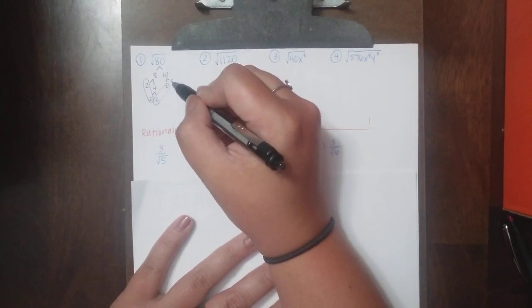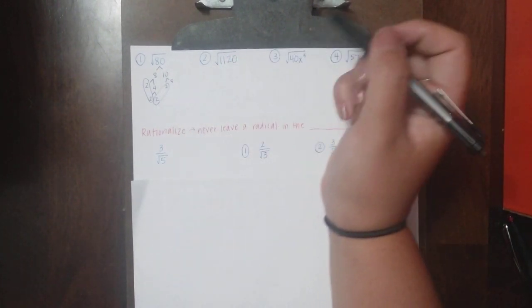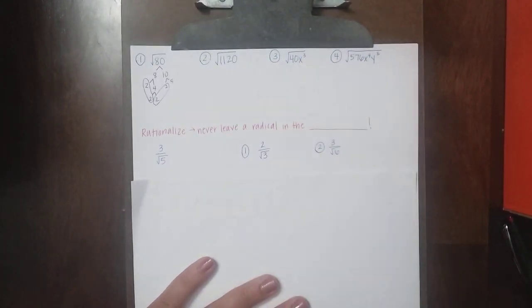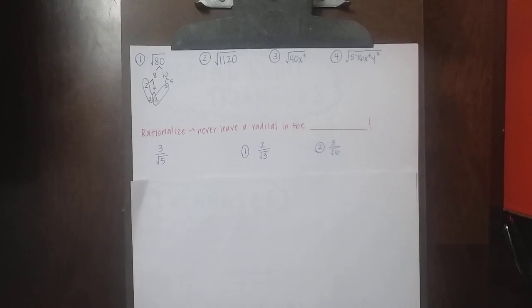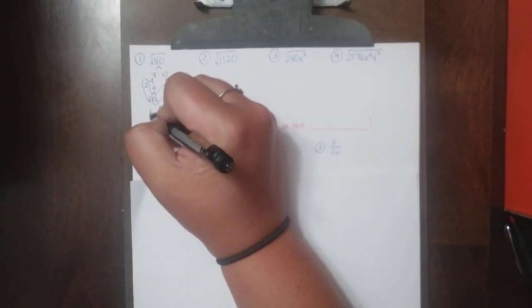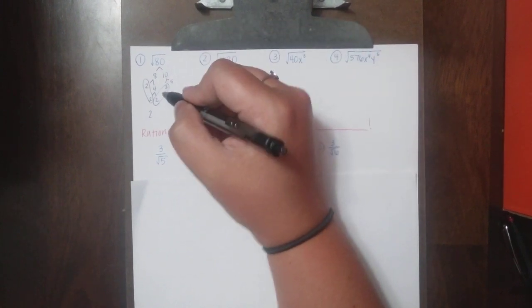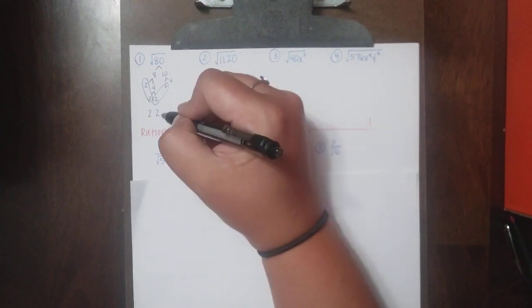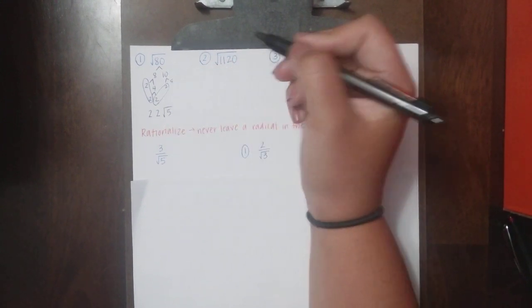But I can't circle the 5 because I don't have a pair. I don't have any more 5s under there. For everything I circle, I'm going to take 1 out. I circled 2s here, so I'm going to take out a 2 on the outside. I have another group of 2s, so I'm going to take out a 2. But that 5 I couldn't take out, so I'm going to leave it on the inside.